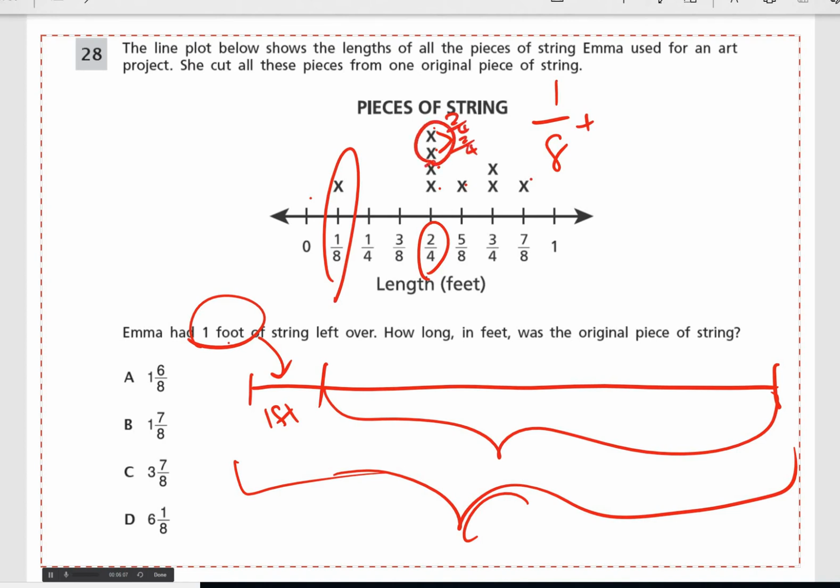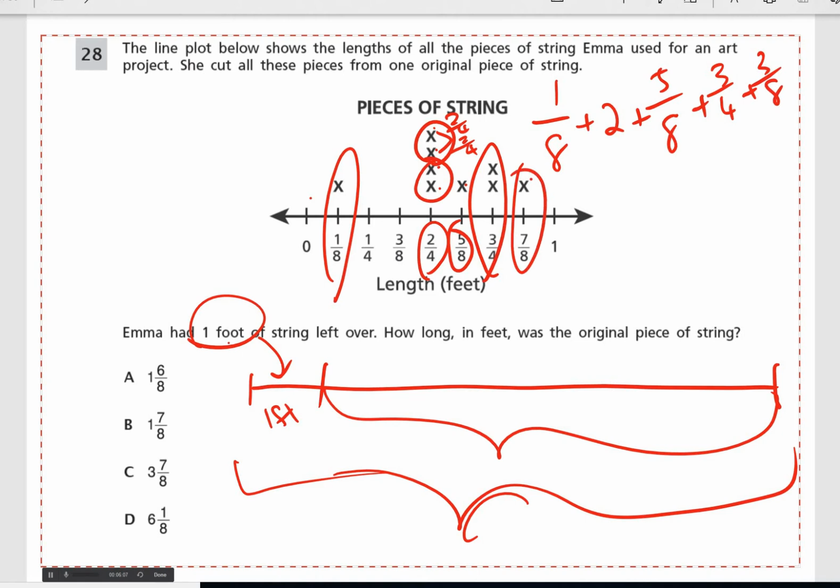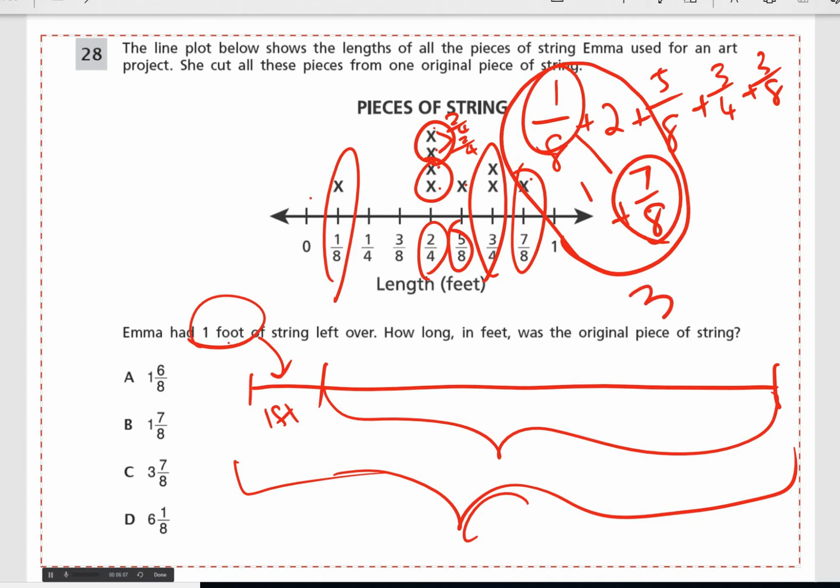So this is 1, this will be 2, plus 5/8, plus there are 2 3/4, and plus this 1 7/8. So this and this will equal 1 again. So far here is 3 whole. And then you're going to need to calculate these ones.